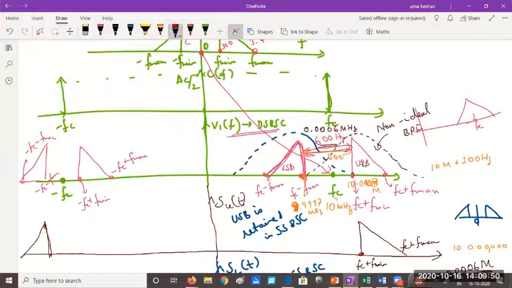Yes, that filter design is possible provided the gap between the two sidebands divided by the carrier frequency is greater than or equal to this number 0.01. This is what I have to explain, and I had stopped.